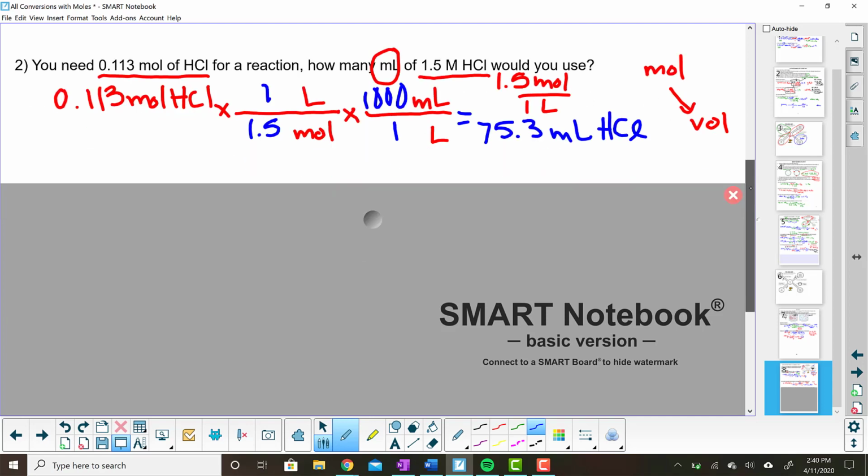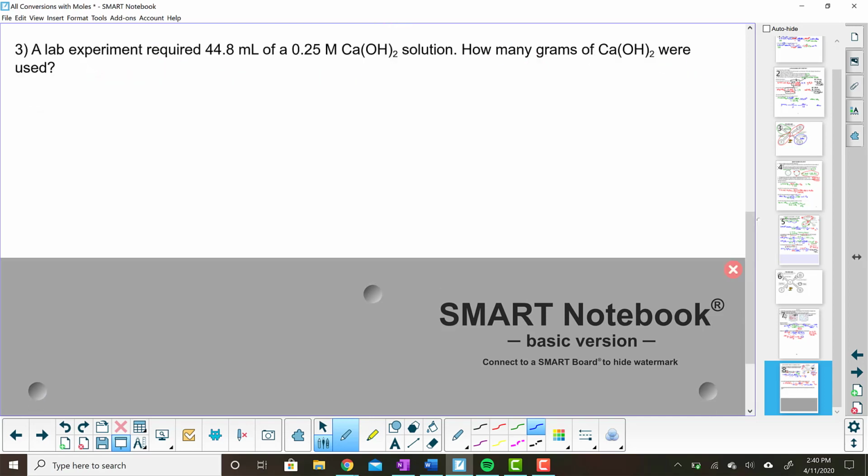Let's do another one. It says I have a lab experiment that required 44.8 milliliters of a 0.25 molar calcium hydroxide solution. How many grams of calcium hydroxide were used? Let's break this down. So my given is 44.8 milliliters, and I also see that I have 0.25 molar. Oh, it says molarity.